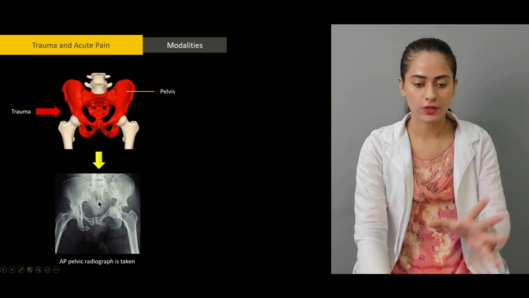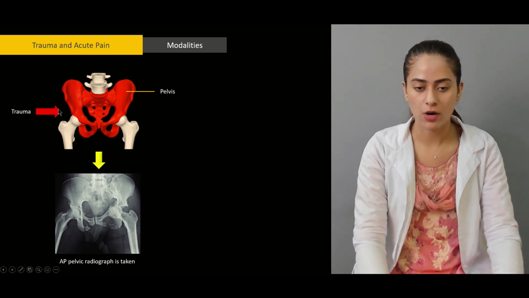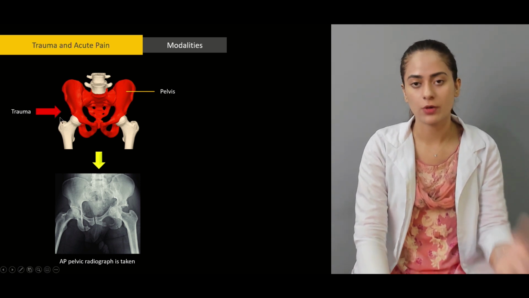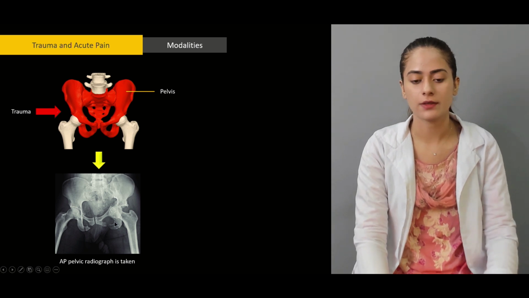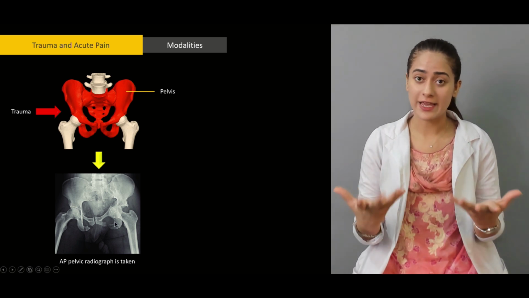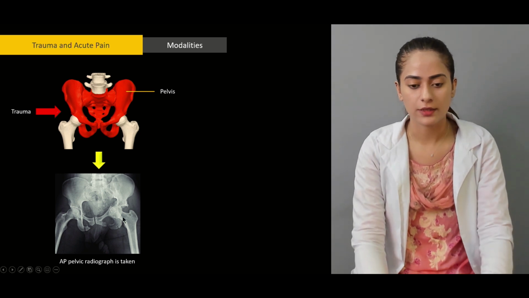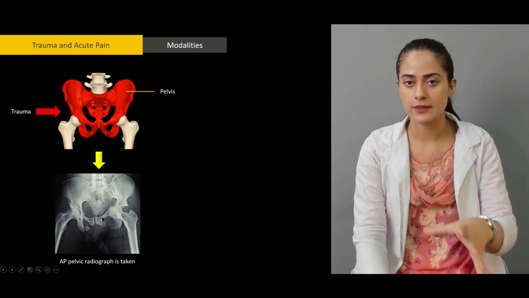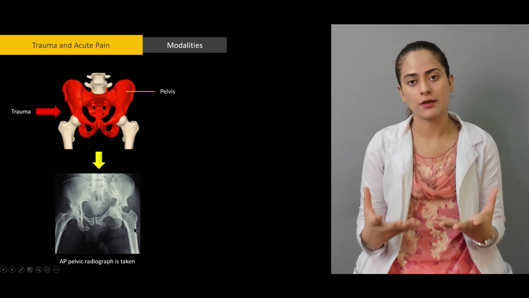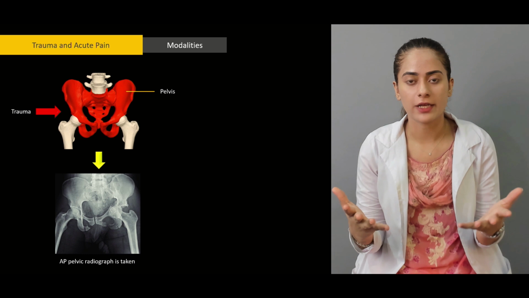So it's a very complex fracture. This is the trauma. If an intense force, a very high amplitude force, happens to be applied to this area of the body, a fracture results like anywhere else in the body.